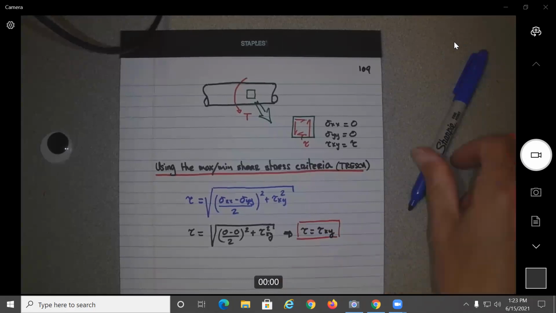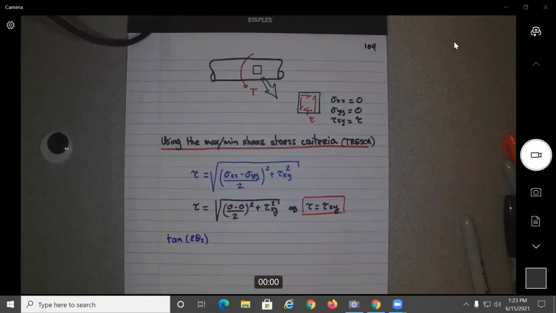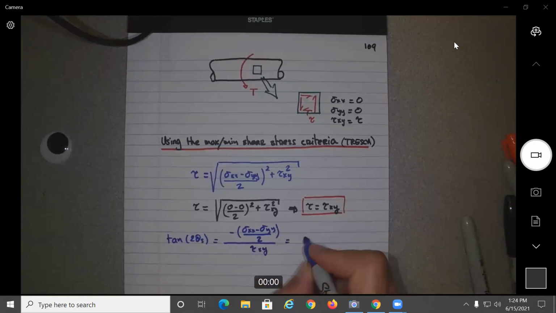Okay, so again, if we look at the equation we derived last time, the angle at which this is going to happen was given by the expression: tangent of 2 theta s equal to minus (sigma xx minus sigma yy) divided by 2, divided by tau xy. So this will give you 0 over tau.